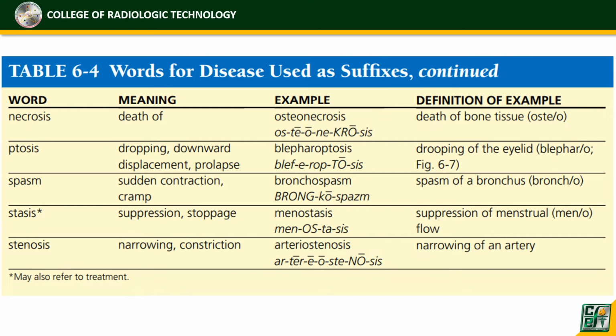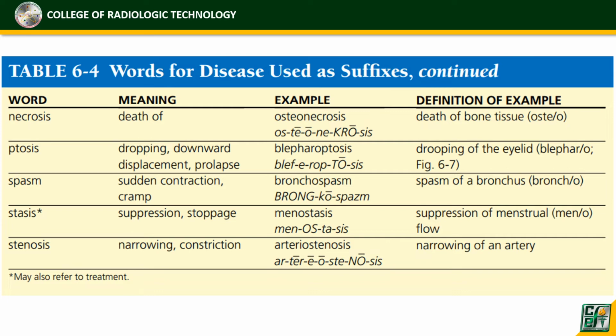Words for disease used as suffix, continuation. So we have necrosis, meaning death of, or osteonecrosis, death of bone tissues. Then ptosis, dropping, downward displacement, or prolapse. The example is blepharoptosis, meaning drooping or dropping of the eyelid.